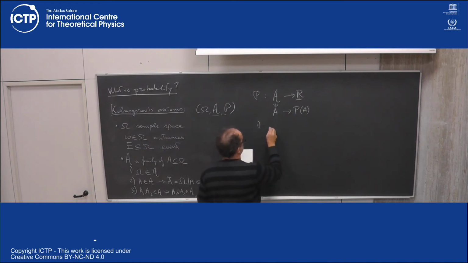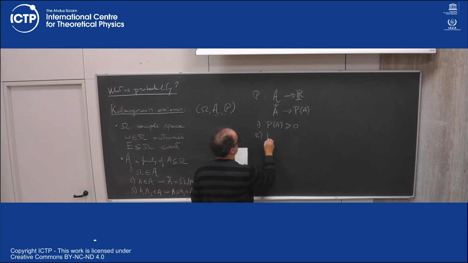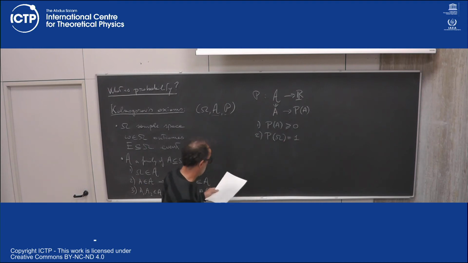The first one is that P of A must be non-negative. Second is that P of omega must be equal to 1. This is called normalization.